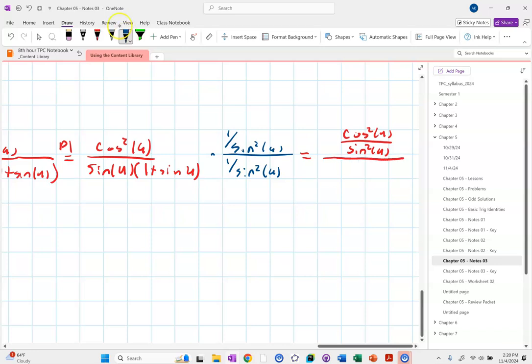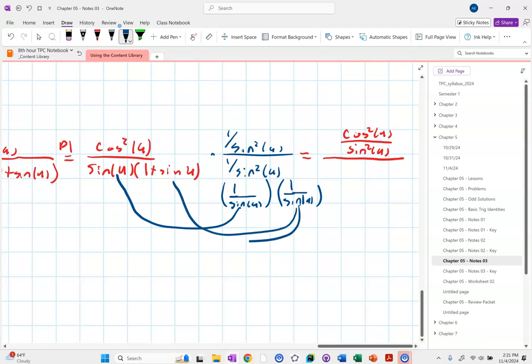The denominator, I'm going to be a little sneaky here. I'm really going to think about this one as 1 over sine times 1 over sine, because I'm going to think about sending one of them there to give me 1, and the other one I'm going to distribute into here.